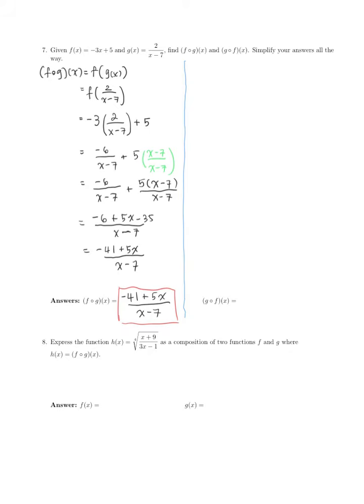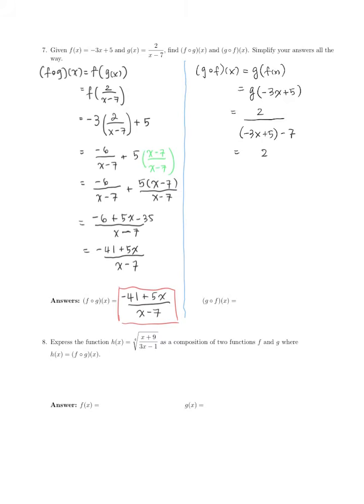So let's go with g of f of x. Okay, so by definition, this is g of f of x, which is g of, what is my f of x? Negative 3x plus 5. So which is going to give us 2 over negative 3x plus 5 and then minus 7.